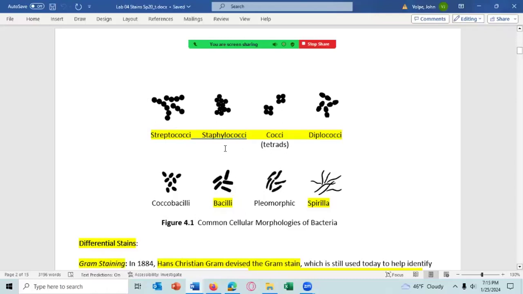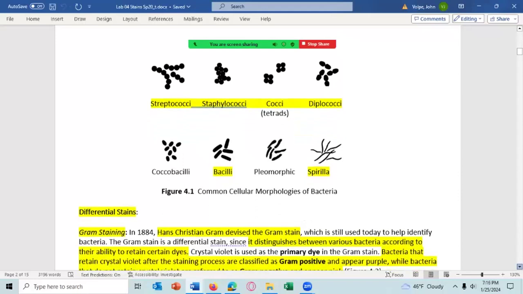I don't think you can have staphylococci either, but you could have a clump, and a clump is probably not the way the bacilli are growing. It's just they're stuck that way. And I'll talk about that when we get to that in the lab. We won't talk about that now. Any question about any of that?